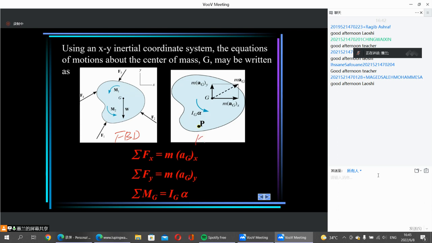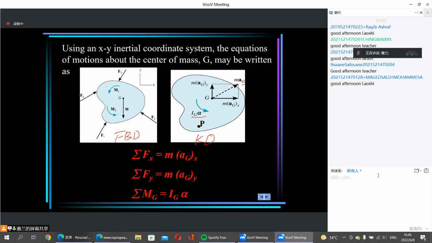And this is the KD, we mean the kinetic force and kinetic moment, or sometimes we can call them inertial force and inertial moment. The inertial force is actually equal to m a_G, where m is the mass, a_G is the acceleration of the mass center, G indicates the mass center, and the kinetic moment is equal to I_G alpha.